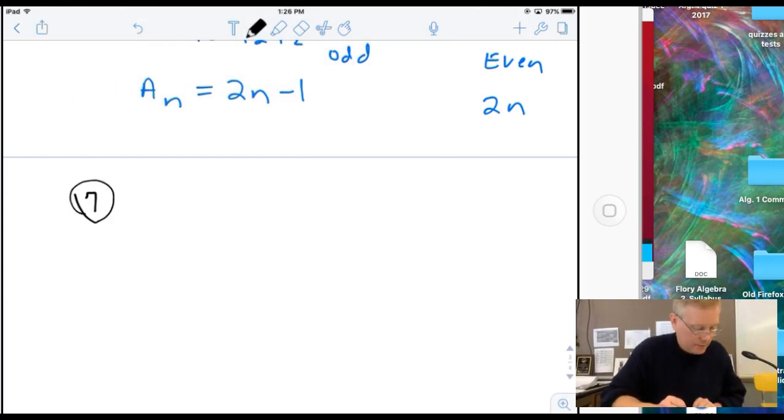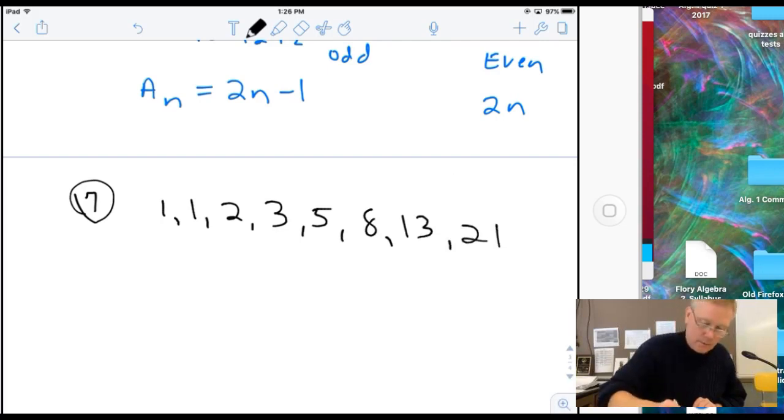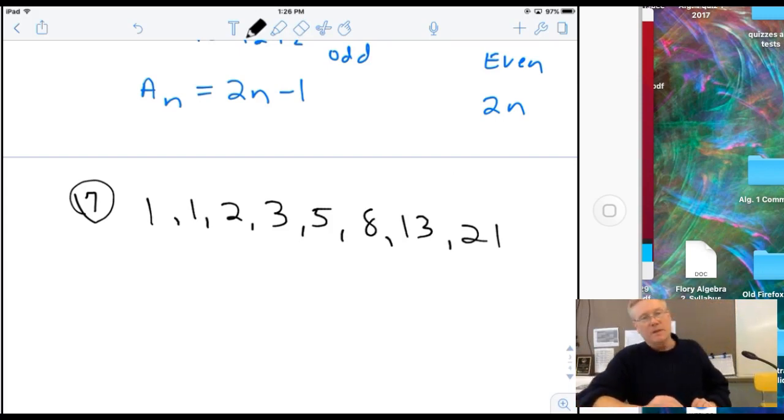Write a recursive definition. So this is the most famous pattern in history, and this is called the Fibonacci sequence.